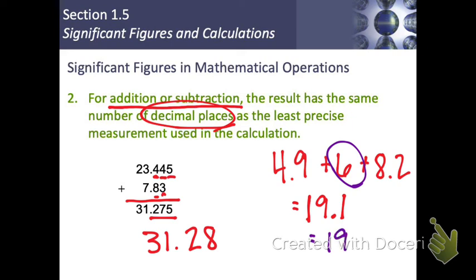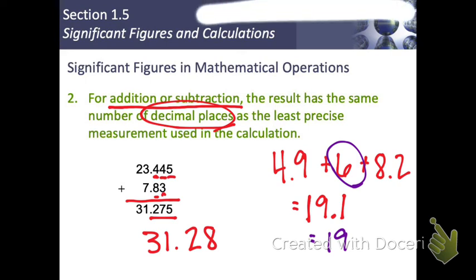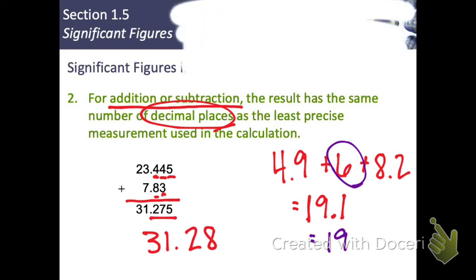That's tough. Now, I'm going to give you one that's similar to that, but it's going to require a little bit of something else. So let's say we add up 4.9 plus 6 plus 8.8. So that gives me 19.8 as my raw answer.